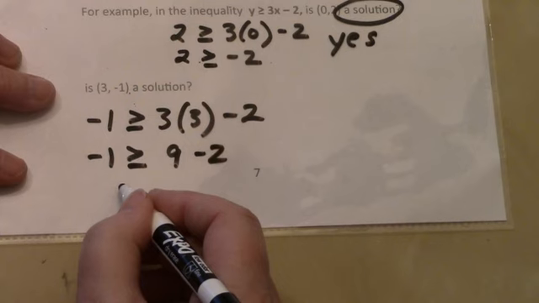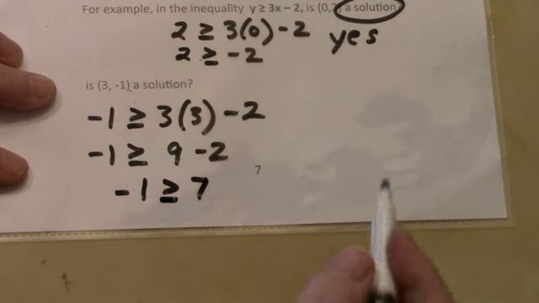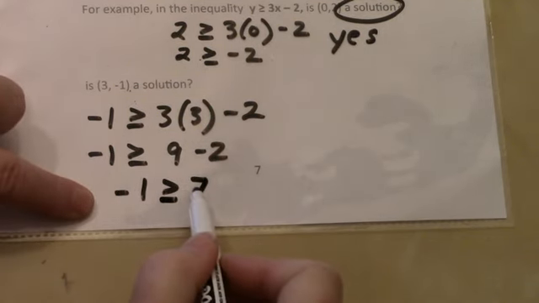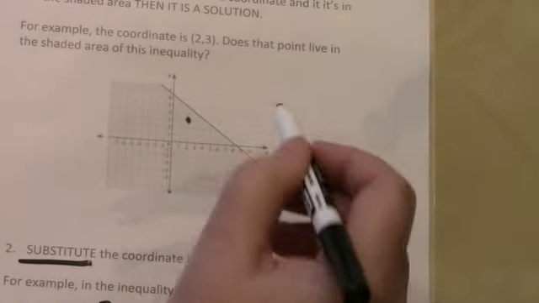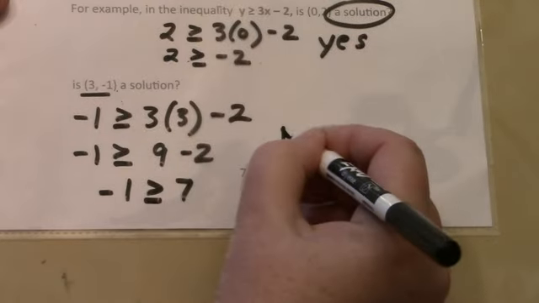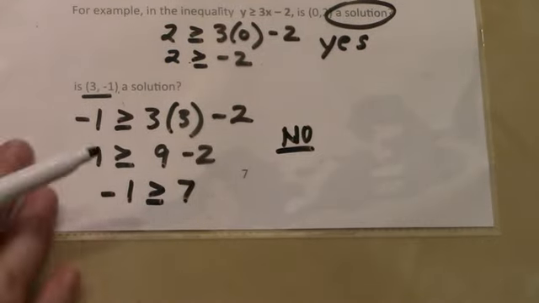So is negative 1 greater than or equal to 7? Well, a negative number is not greater than 7, so this coordinate 3, negative 1, if it were graphed, would fall outside of the shaded area. This is not a solution to that inequality.